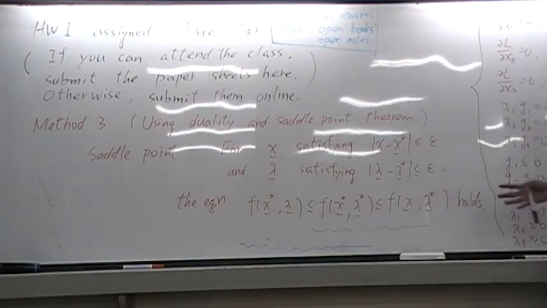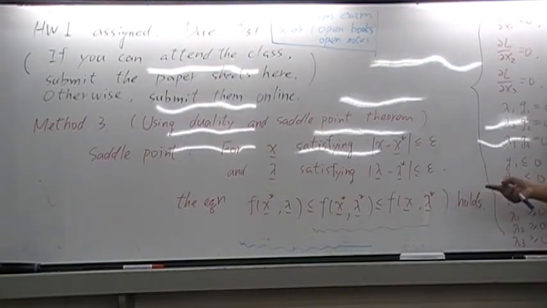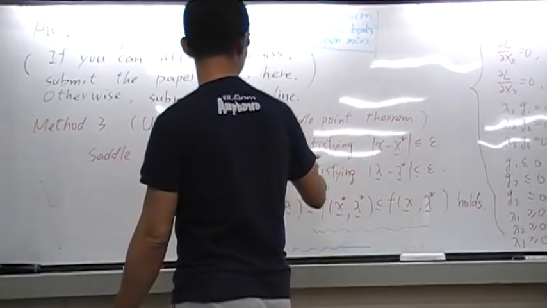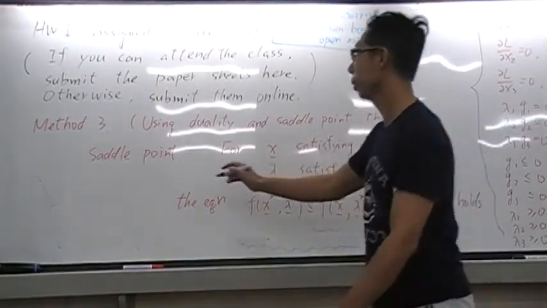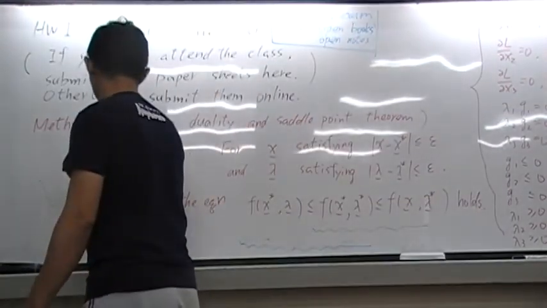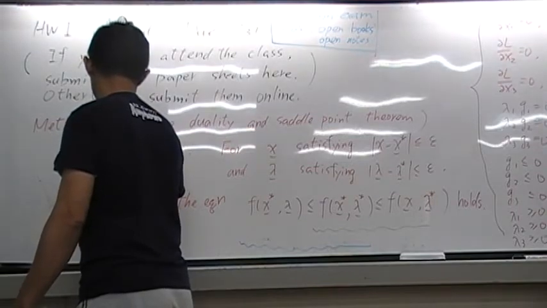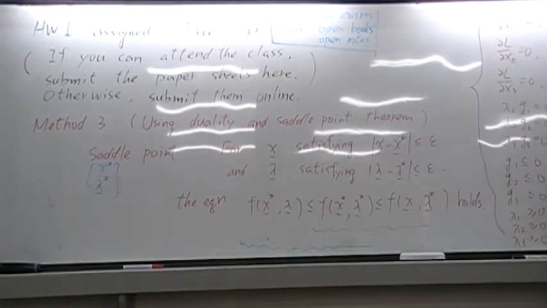And if this is true, it just means that the position x star, lambda star is the saddle point. Any questions? So that's the so-called saddle point.